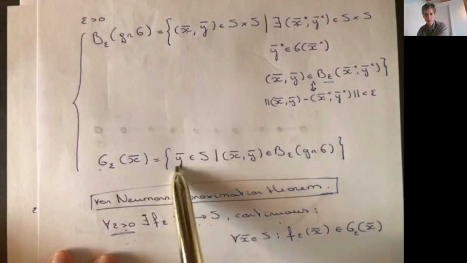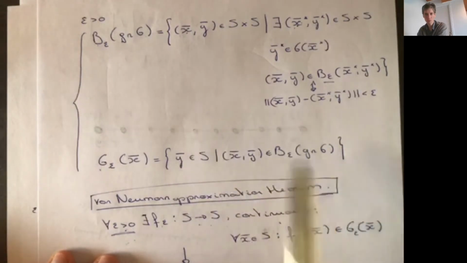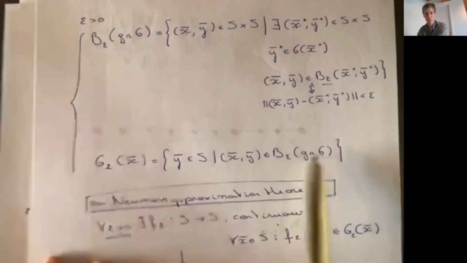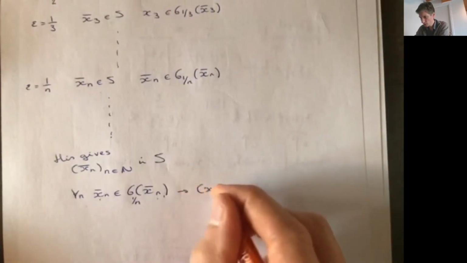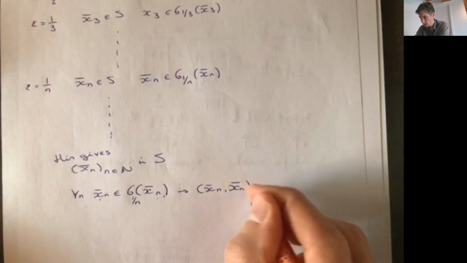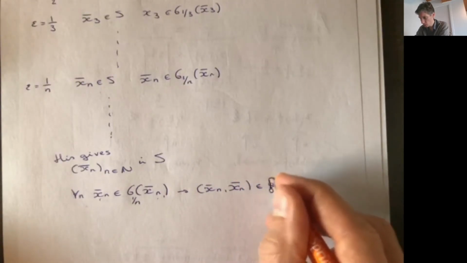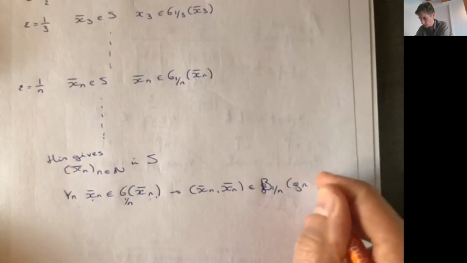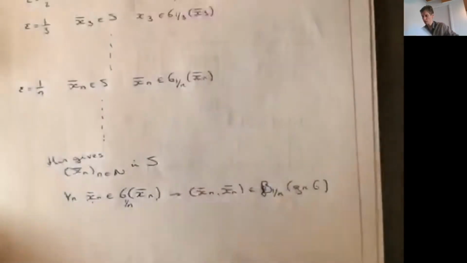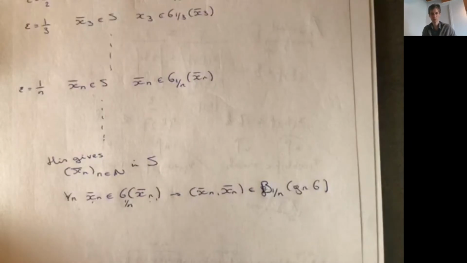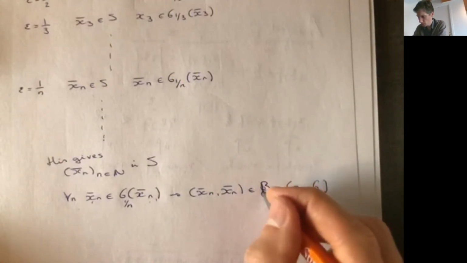Well, it's all the elements y that are in the ball of radius epsilon around the graph of G. Given this, it follows that the point xn is in the ball of radius 1 over n of the graph of G. Because x is equal to y for the fixed point, so we have xn. This is just by definition.